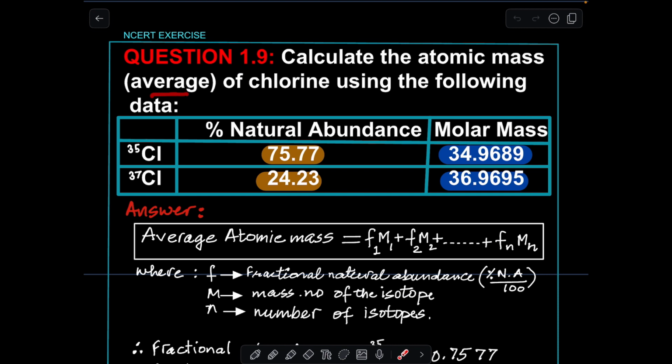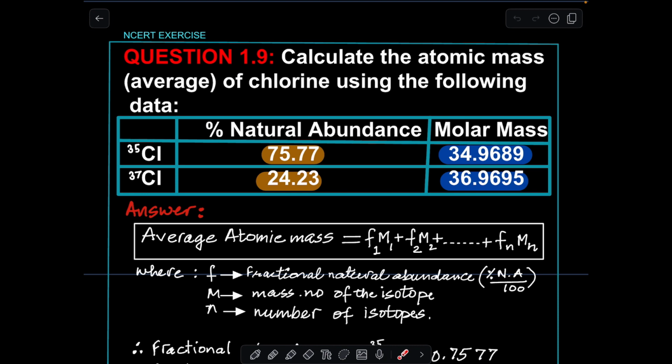You know that for those elements which exist in the form of isotopes, the mass number mentioned in the periodic table is basically the average atomic mass, not the exact value of a specific isotope.